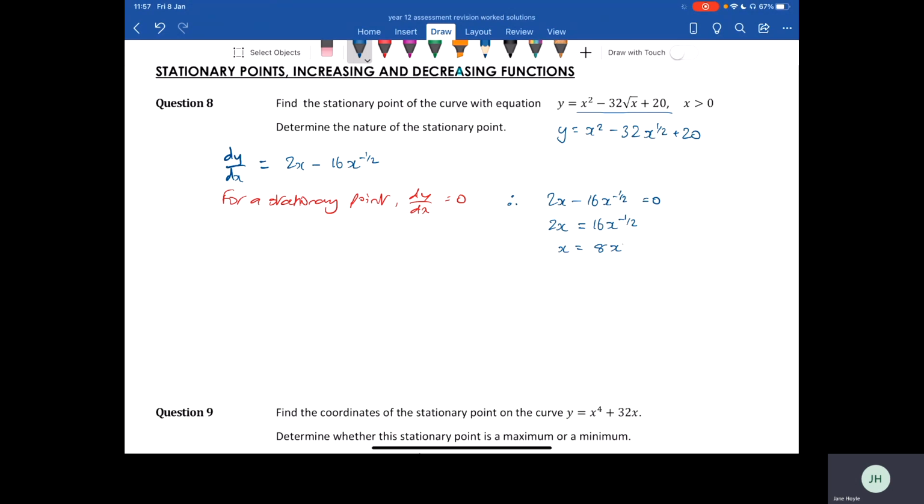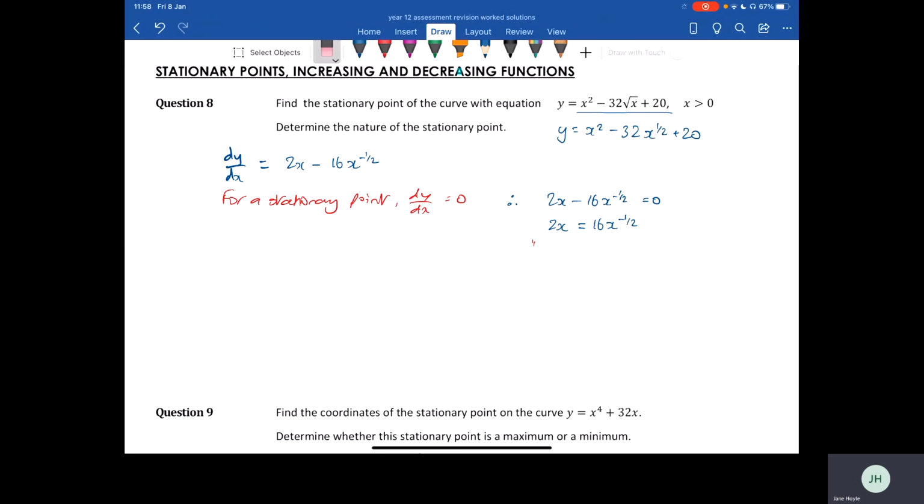Now, I've kept this as a power of negative a half. My instinct actually would be to rewrite it. However, from this point here, hopefully you can see that if you multiply both sides by x to the half, that would get you x to the power of 0. Times that by x to the half, you would collect your x's together in one place.